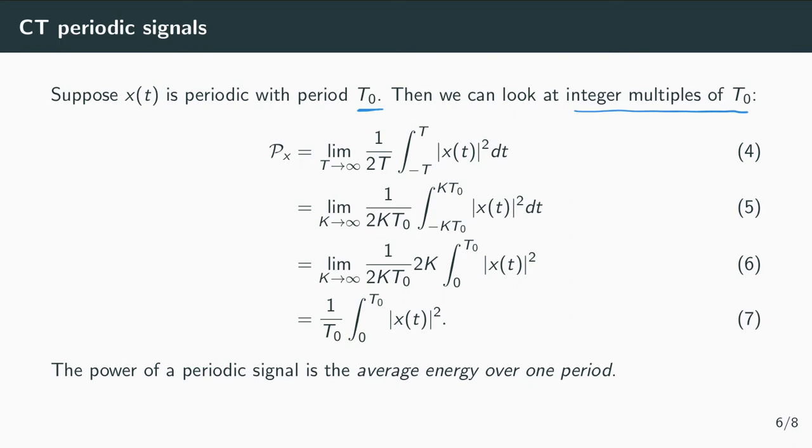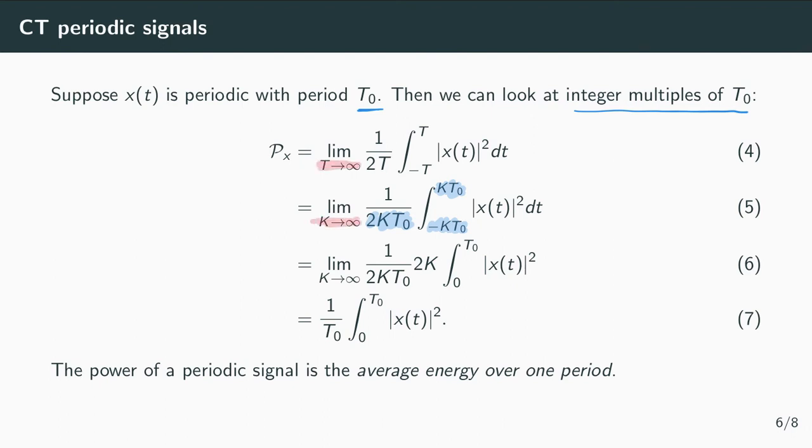So I'm going to take minus kT naught to kT naught, and I'm going to be dividing by the total length of that interval, which is 2kT naught, right? And here again, I'm integrating the instantaneous power, and since I've converted everything into k's, instead of taking the limit as T goes to infinity, I'm taking the limit as k goes to infinity.